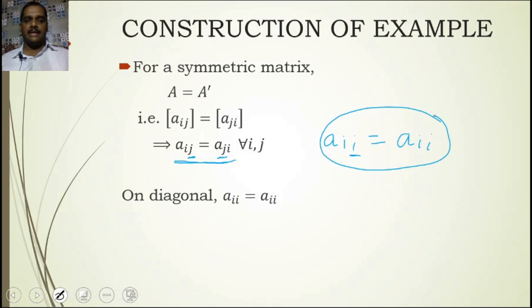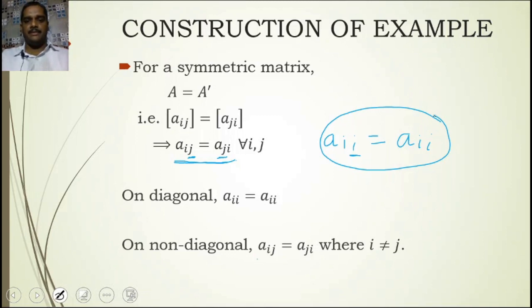So on the diagonal we get aii equals aii, and it means there is nothing special about diagonal entries. And what about non-diagonal entries? Non-diagonal entries are of the form aij, where i is not equal to j. For aij, we get a condition that aij will match with aji.